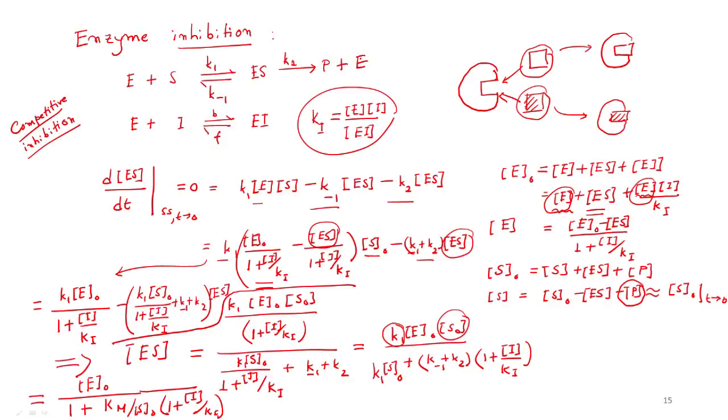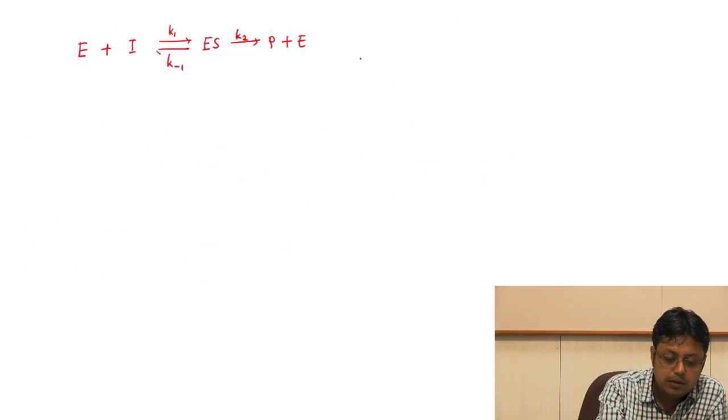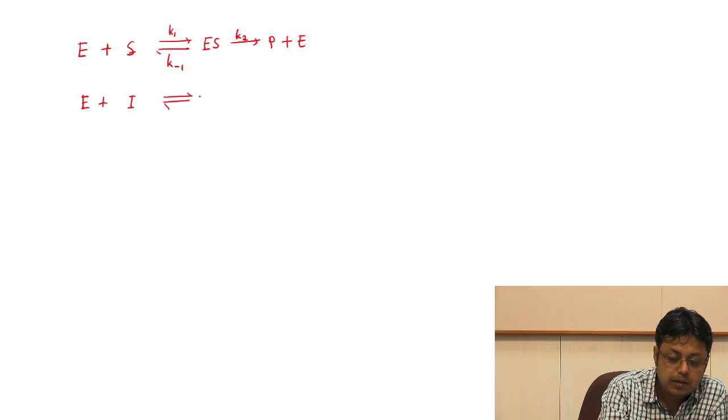And then you also have enzyme plus inhibitor in equilibrium with the enzyme inhibitor complex, and you can also have the enzyme substrate complex adding the inhibitor to give you the enzyme substrate inhibitor complex.